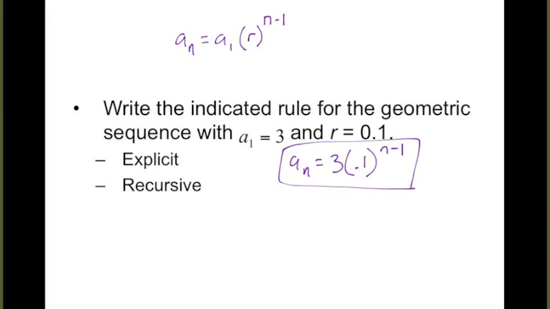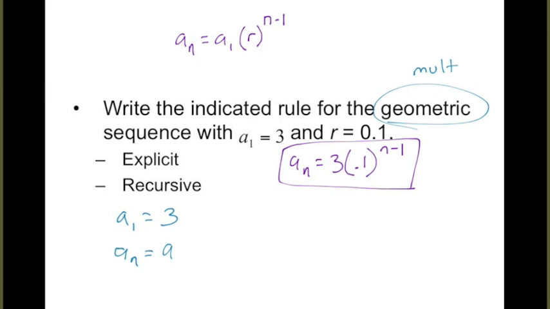For a recursive rule, we need where we start. So we're starting at 3, and then we need what do we do after we start. So it's geometric this time, and what does a geometric sequence do? Multiplies by the same thing over and over and over. And what is it multiplying by? 0.1.